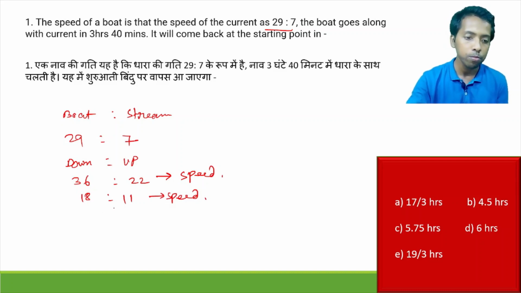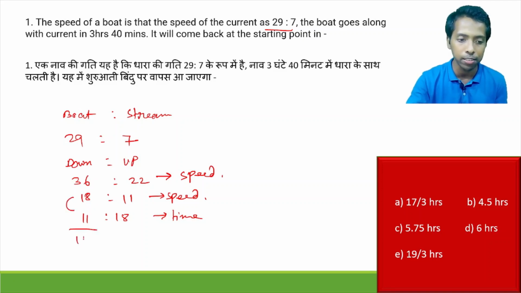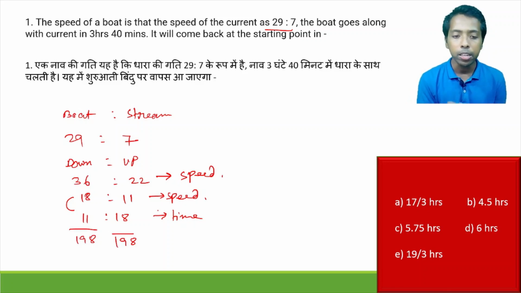Now what's the time ratio? That is exactly the reverse of the speed ratio, that is 11:18, right? And speed multiplied by time gives the distance, that is 198, which in both cases is the same. So if the distance is the same, speed ratio is inversely proportional to time ratio. I hope this is clear, and mathematically I have made you understand very clearly here.